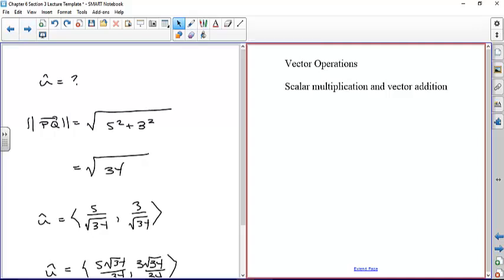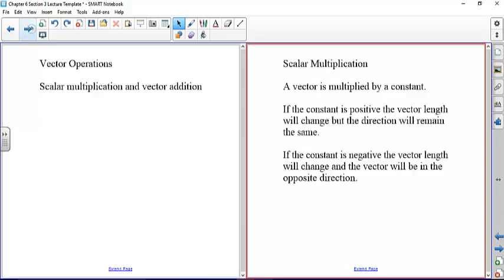We've already kind of alluded to scalar multiplication, because we did that when we verified that the unit vector was actually 1 unit long. So scalar multiplication is multiplying a vector by a constant.